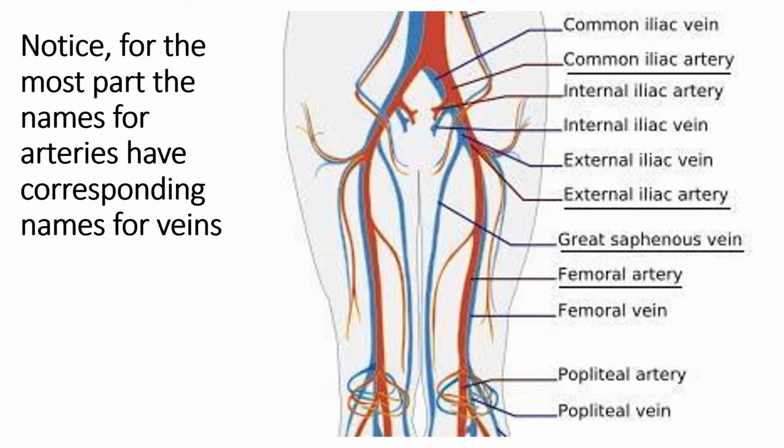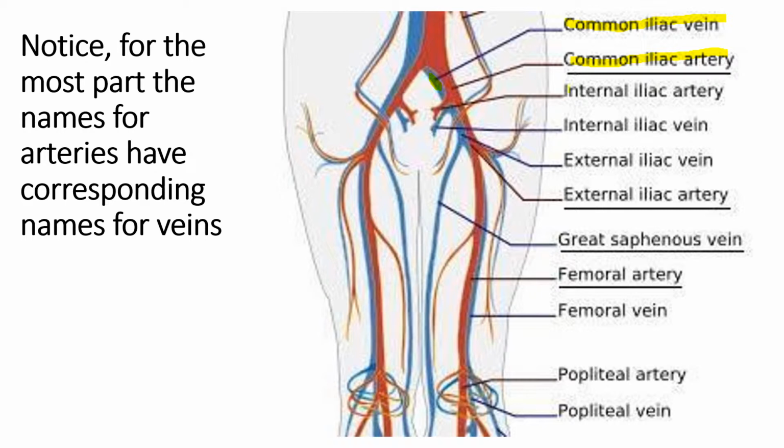It's kind of interesting, and just notice how with a lot of veins, they have the corresponding name for the arteries, or vice versa. So here you have the common iliac vein, showing right here. Guess what? Common iliac artery.